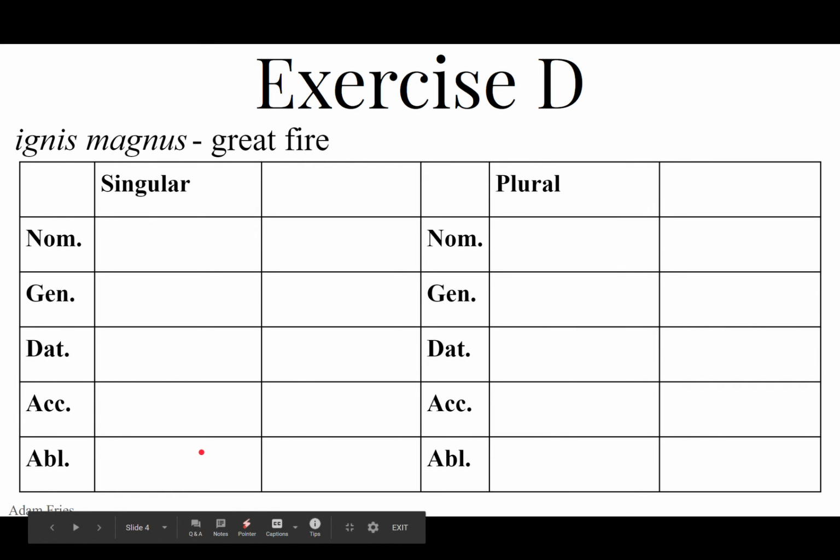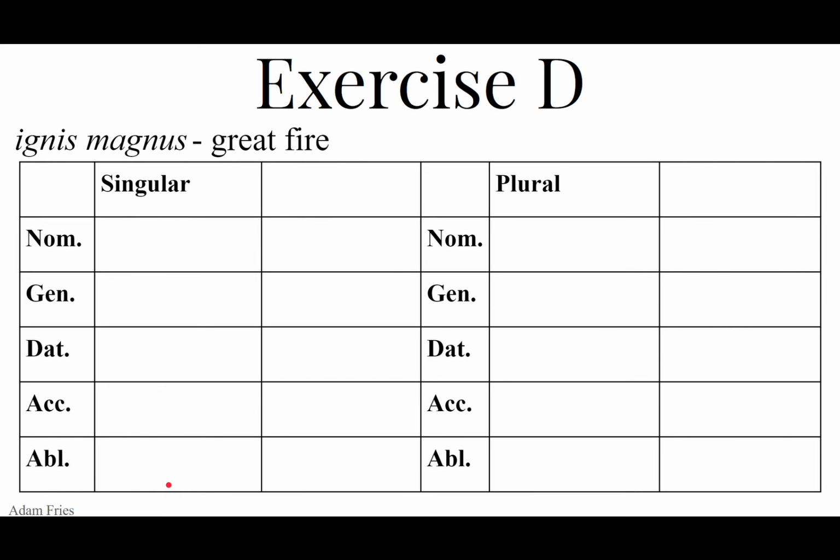Some students see a third declension noun being an I stem, and they want to put that the ablative singular is letter I, pronounced E. Don't do that. The ablative singular, which in the third declension is usually the letter E, pronounced A, only turns into the letter I, pronounced E, if it's a neuter I stem.